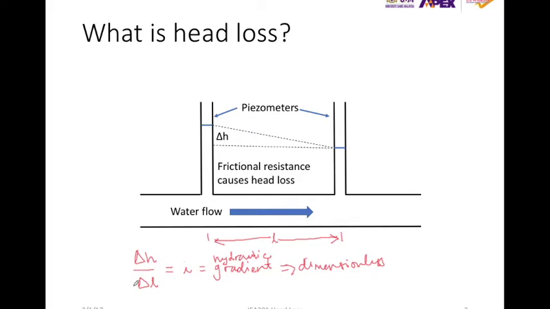So the higher the hydraulic gradient is, the bigger the pressure drop of the water flowing through the pipe. And also, if the hydraulic gradient is large, it would mean that the friction exerted by the pipe onto the water would also be great.